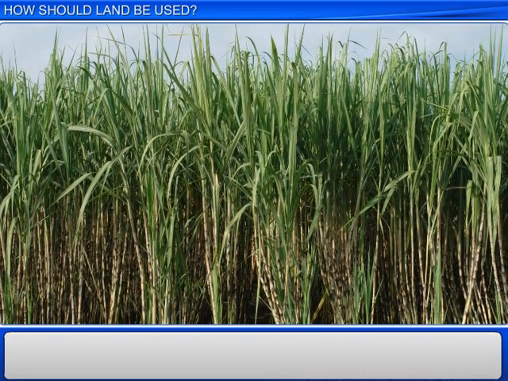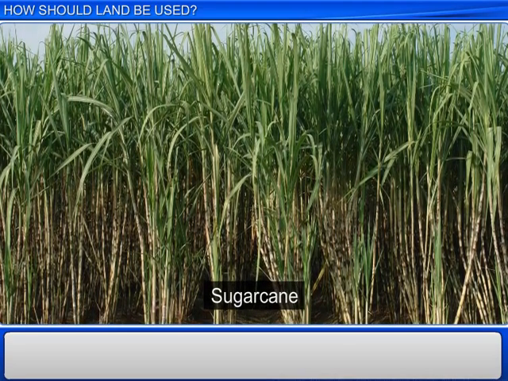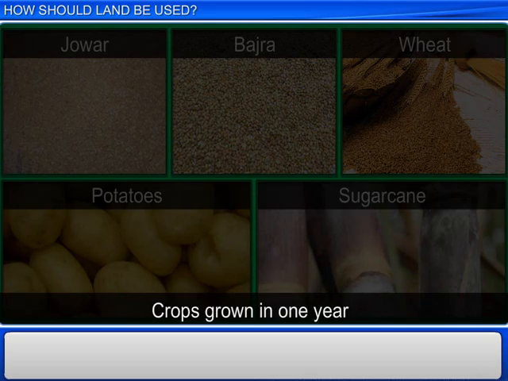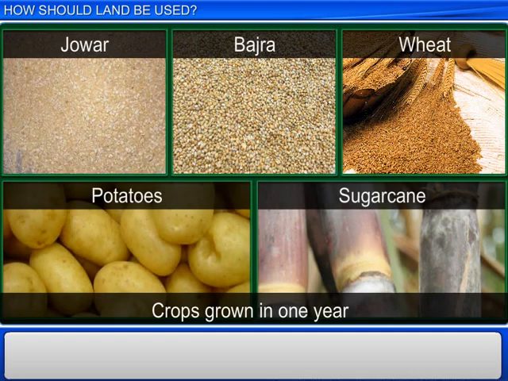A part of the land in Palampur is used to grow sugarcane that takes about a year to grow. Thus, in a period of 1 year, farmers in Palampur grow 3 crops on the same land. This method of growing 2 or more crops on the same land in a year is called multiple cropping.